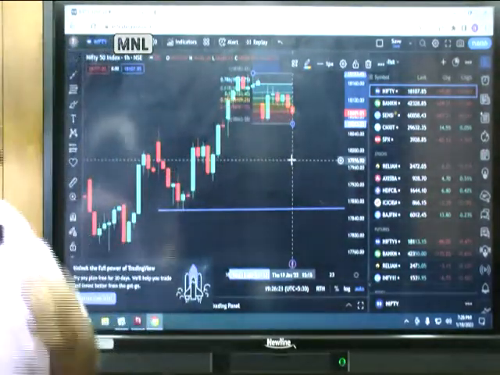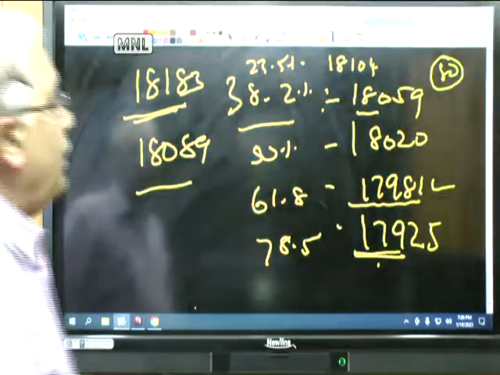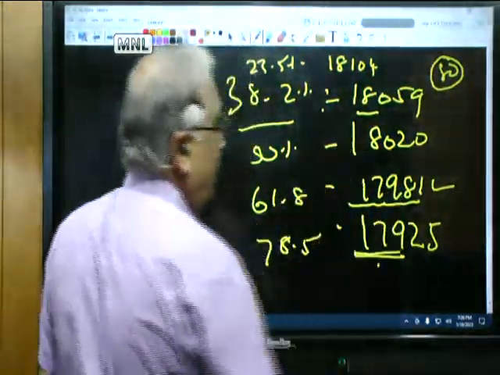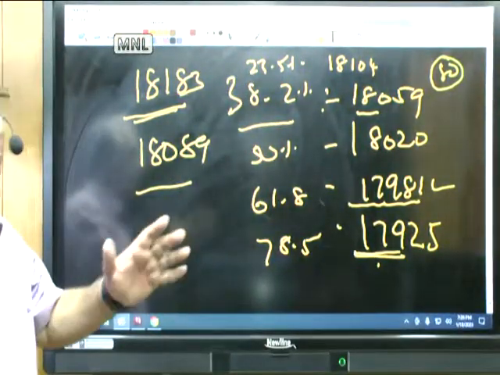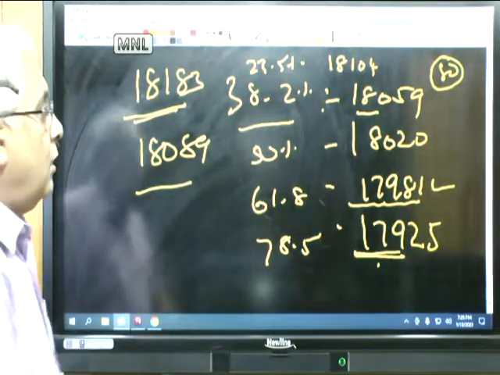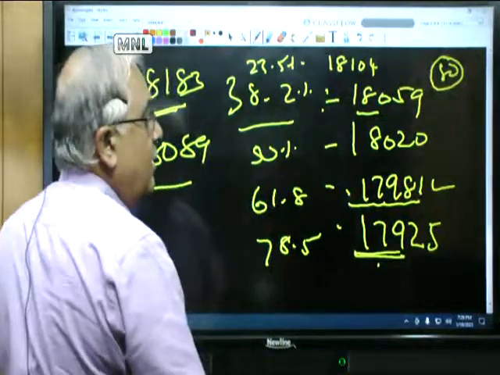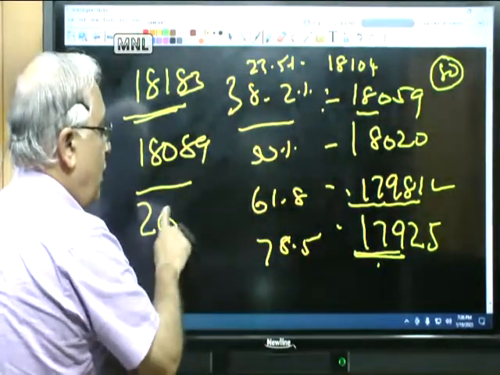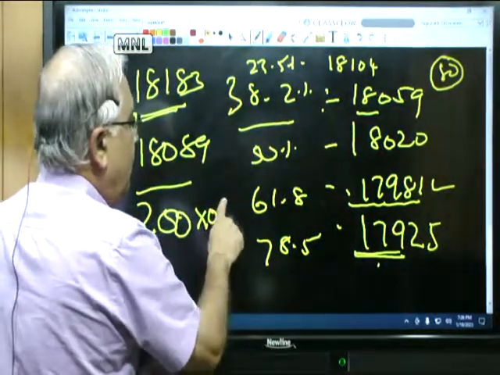So that is one way. Let us say tomorrow it comes to 17,981. Now the biggest stop loss will be based on the fall from 18,180 to 17,981. That is about 200 points, into 78.6% added to this, or 0.236 deducted from this.